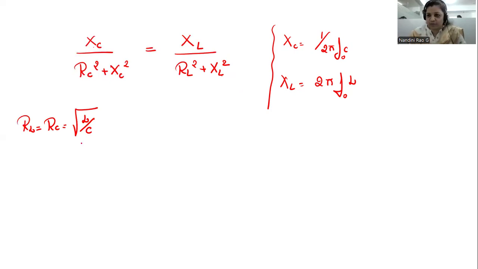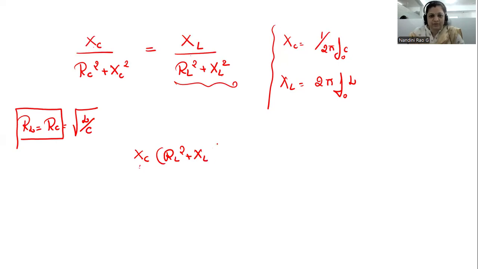So that's what I'm going to do now. In this equation, I will take RL equal to RC. Let me write it as XC multiplied by RL square plus XL square, equal to XL into RC square plus XC square.